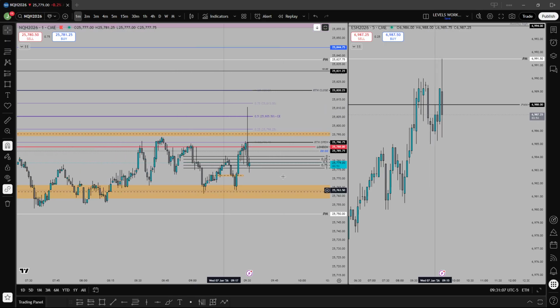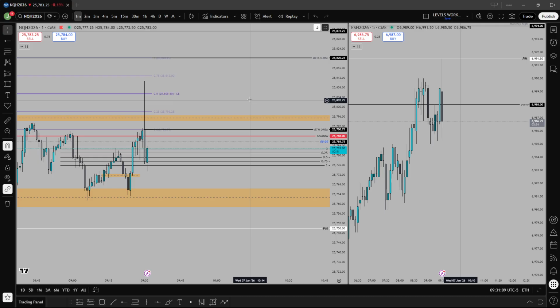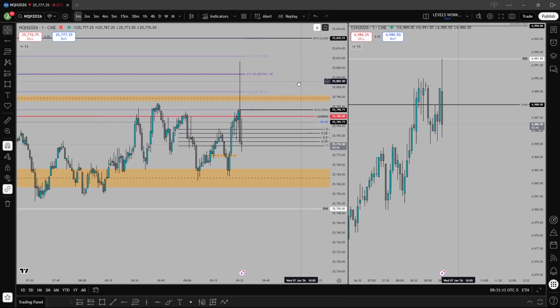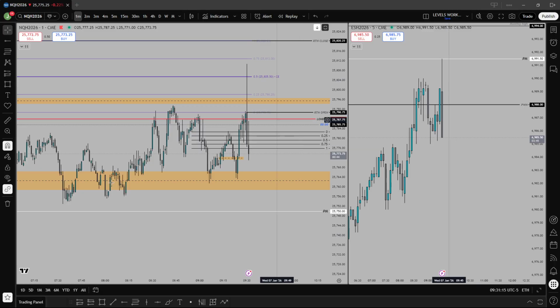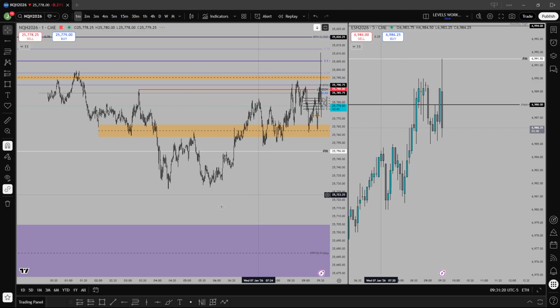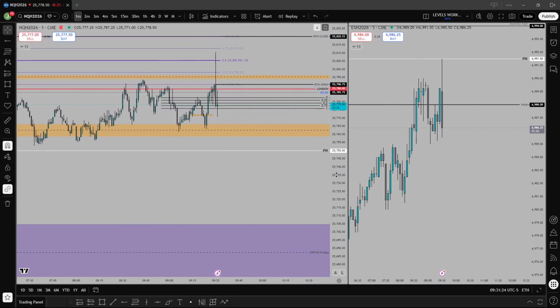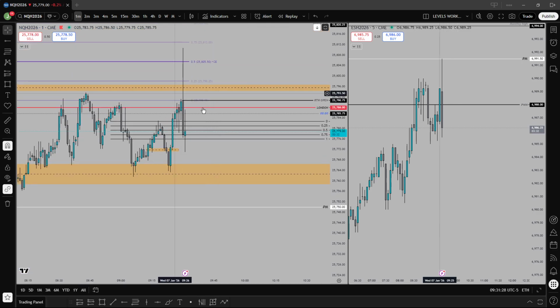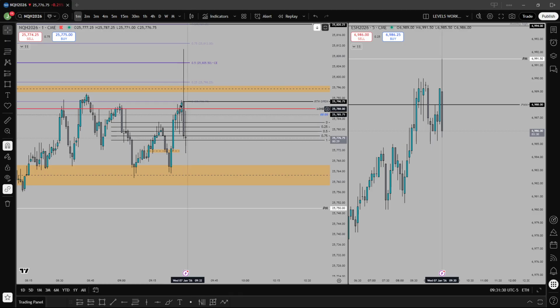Looking at these lows, and now we don't have to take these lows because right now my focus is on the PM session liquidity as we opened here, and we are trying to build some liquidity over here.